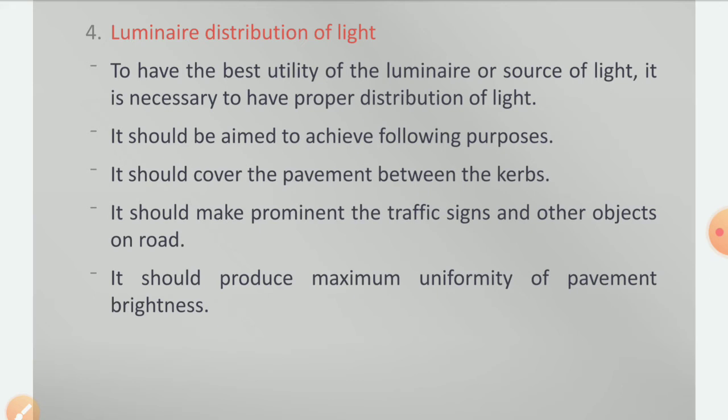It should cover the pavement between the curbs. That means the pavement or the road should be completely covered, the luminaires illuminating the entire area of the pavement or road surface, and it should make traffic signs and other objects on the road prominent. That means it should not affect the traffic signs.